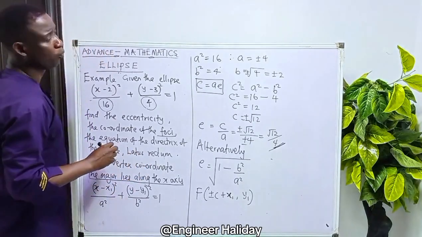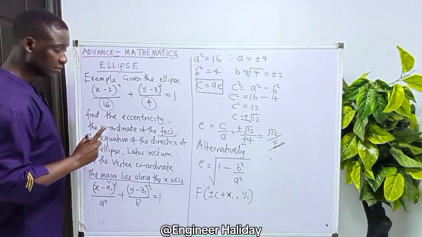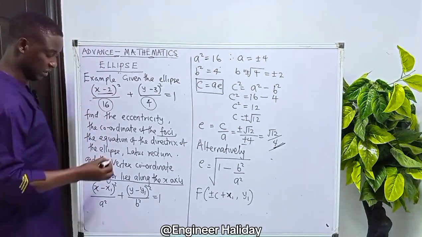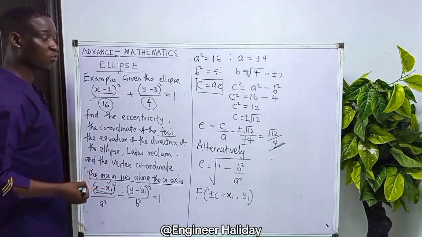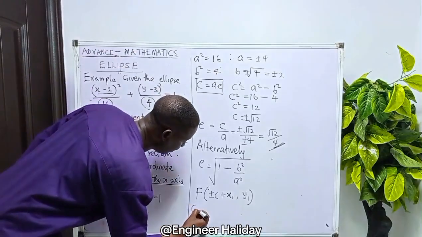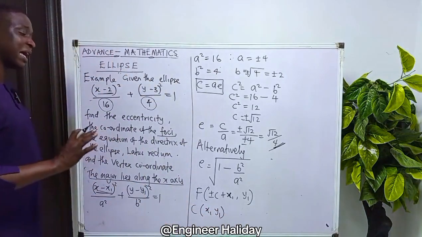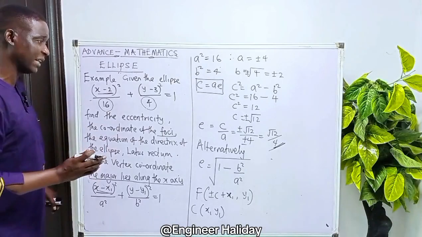But we need to know the center. We will compare this equation with the standard one to get our x1 and y1, because our center is (x1, y1). If we can get x1, y1, we can go ahead to get other coordinates.